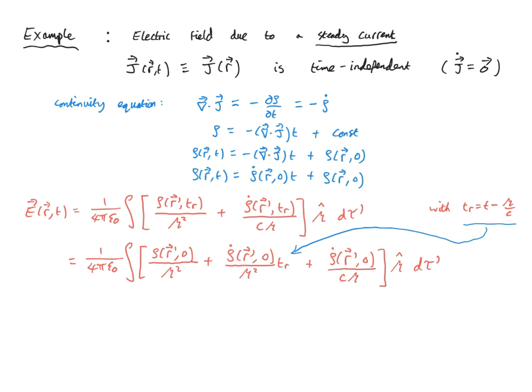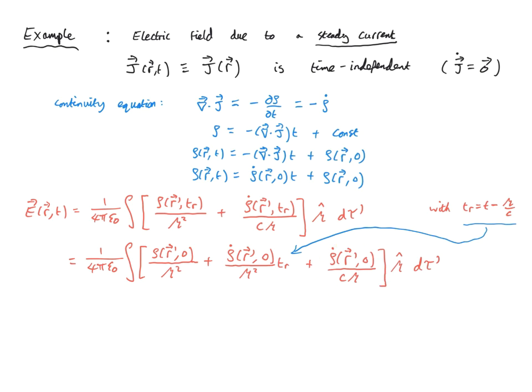And that gives us a fortuitous cancellation, because we have one term with rho dot over script r squared times t, but the other contribution is minus rho dot over script r c, and that cancels with this second term here.